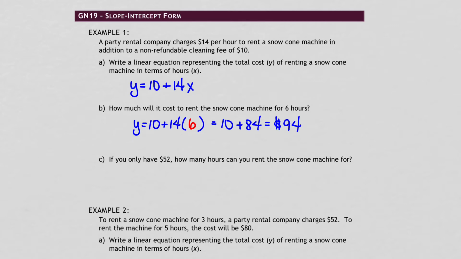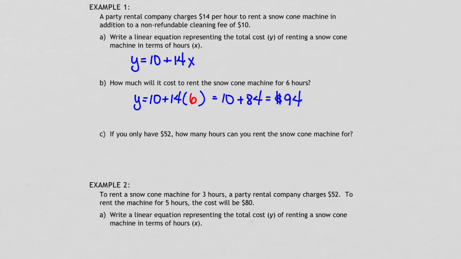It says if you only have $52, how many hours can you rent it for? So this time we have the y value, the amount of money, and we're looking for the x, the number of hours. So we're putting in 52 for y and solving for x.